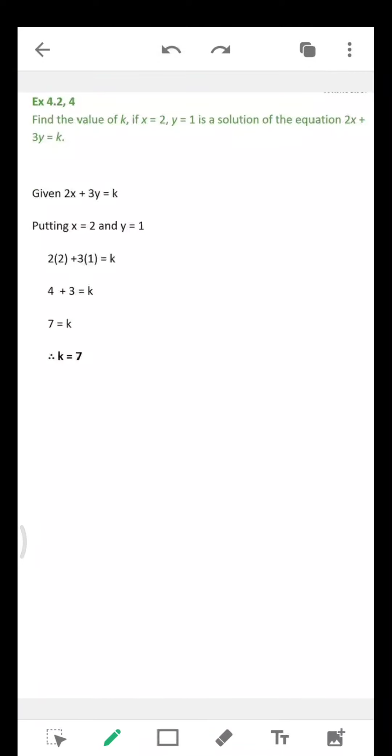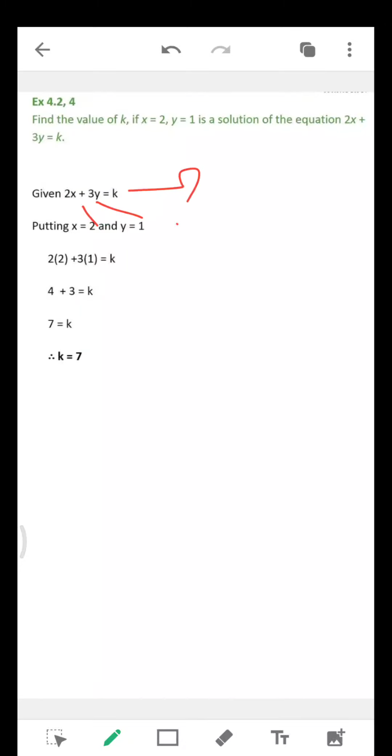I'll just substitute x is equal to 2 and y is equal to 1 in the equation, that's all. In place of x I'll write 2, in place of y I'll write 1. So if you substitute the solution, that is the x and y values, in the equation, you will get your missing value. What is our missing value? k.